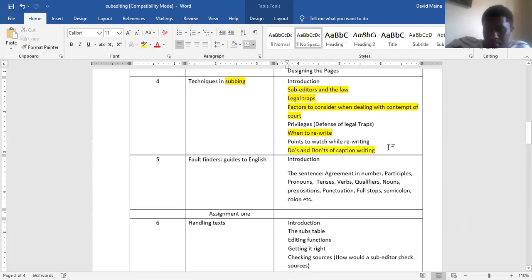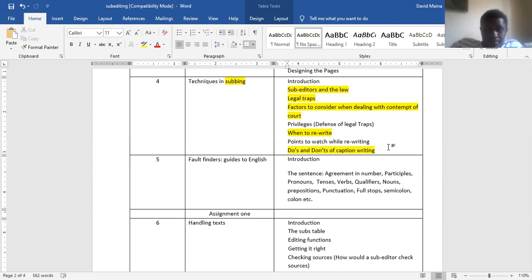A caption is simply the message behind the picture, or the message explaining a certain picture. Like if you take a photo of Raila Odinga and Uhuru Kenyatta having a handshake, it is always good to explain that picture, very briefly.